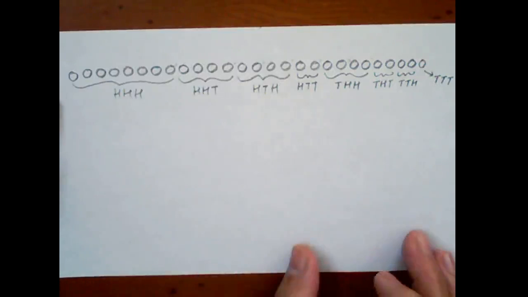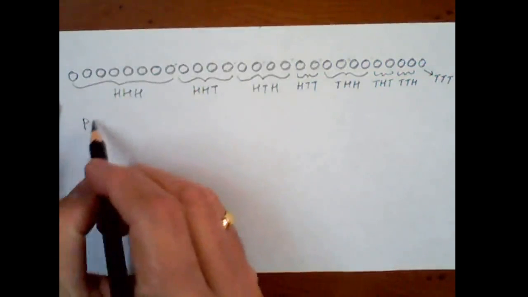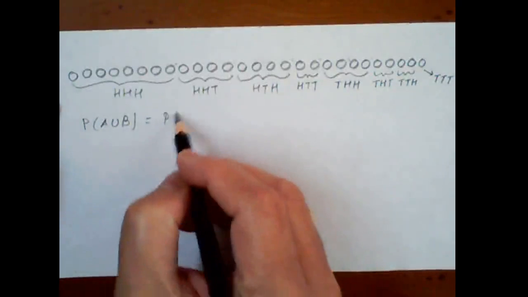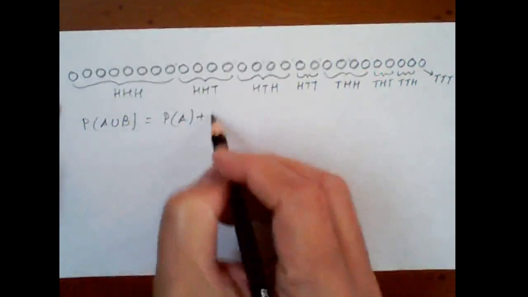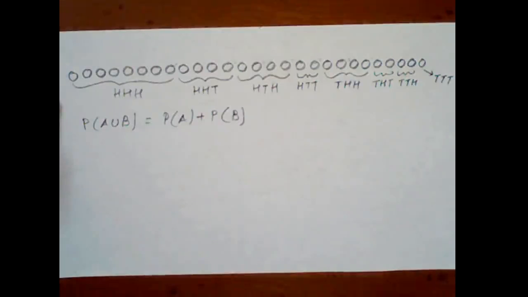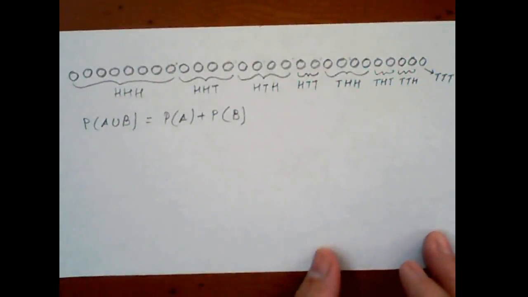Now, let's look at what we actually did when we used the calculation P of A union B equals P of A plus P of B. What was the event A? Event A is that the first toss is heads.